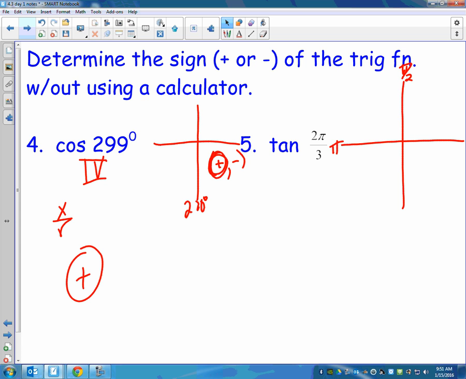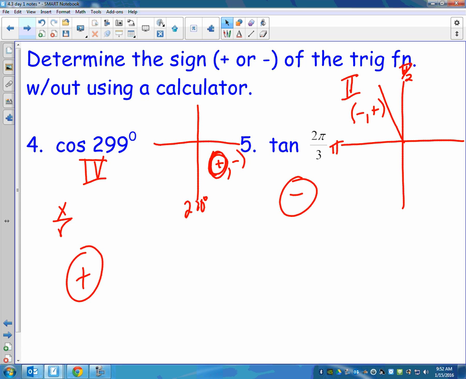You just think about 2/3 is in between 1/2 and 1. That makes sense. But 2 pi thirds we learned today is right up here. So this is in quadrant 2. So is tangent going to be positive or negative? In quadrant 2, x and y are different signs, so that's going to be negative. So again, not a lot of work to write down, but putting all the things together is what we're looking for today.